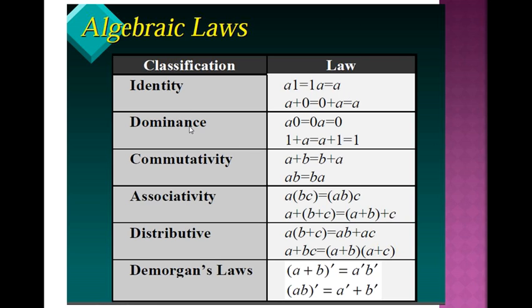Then next is dominance: A·0 equals 0·A equals 0. Next, 1 plus A equals A plus 1 equals 1. Commutative law: A plus B equals B plus A, and when we multiply, AB equals B into A. Then associativity law: A·(BC) is also equal to (AB)·C.